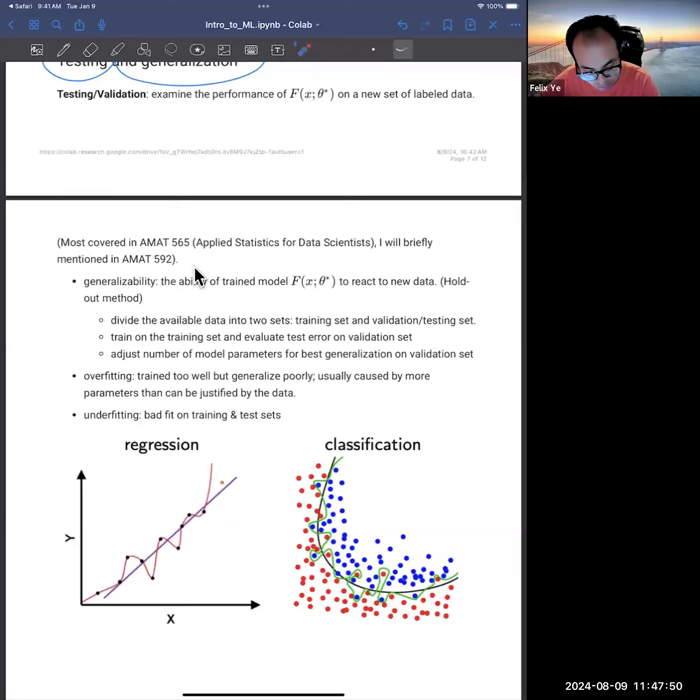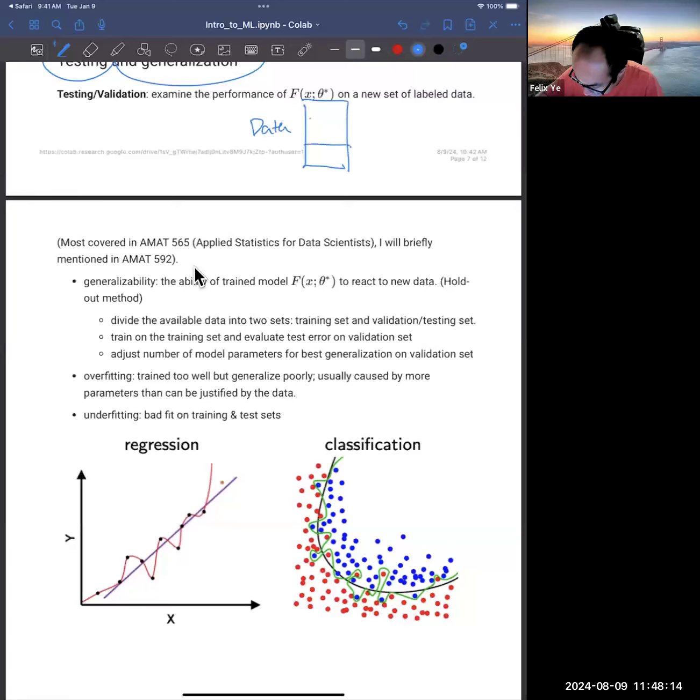The most important thing I care about is that I want my models to work well on new data, which is the testing data set. So what you can do here, which is a common practice, is to take the data that you have and split it into two parts.